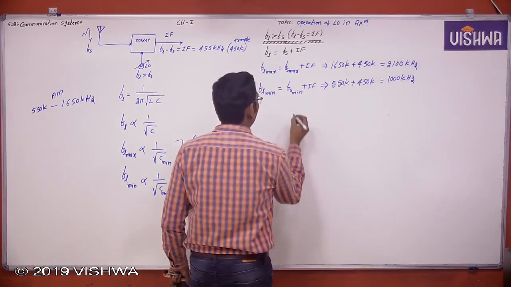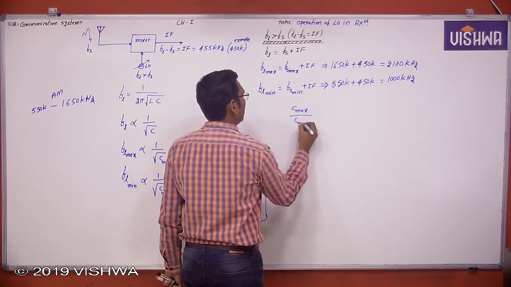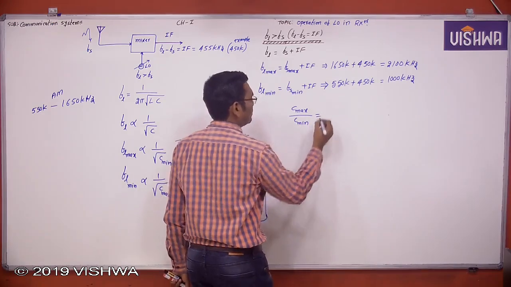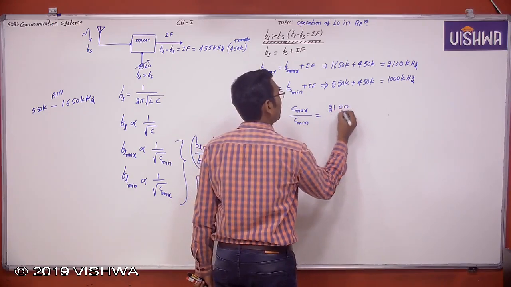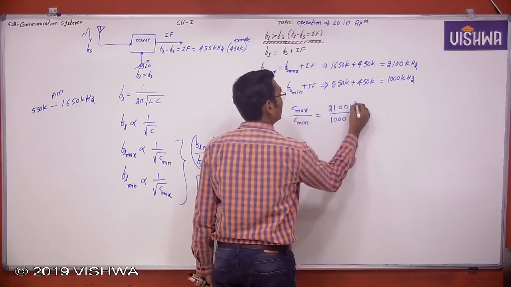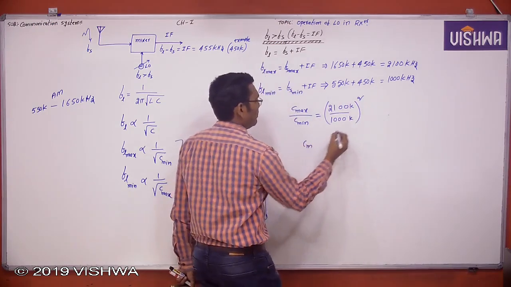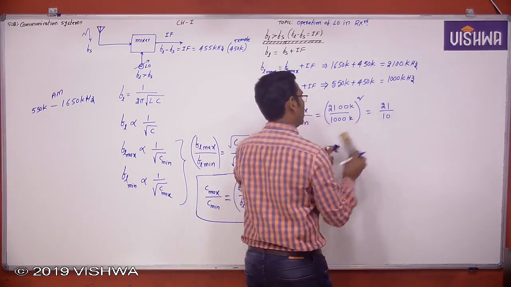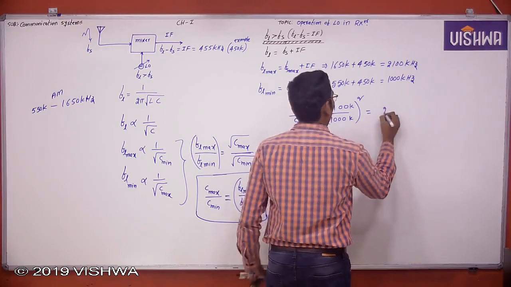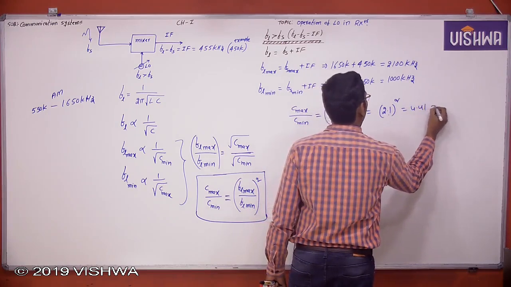So what is the maximum to the minimum capacitance ratio? It is 2100 by 1000, kilo cancel, whole square. That is 2.1 whole square, which is equal to 4.41, approximately 5.